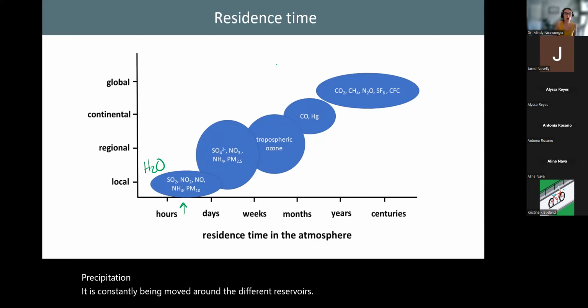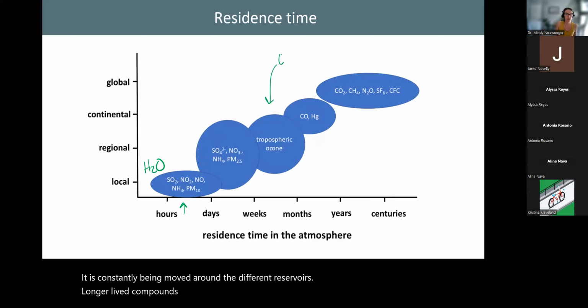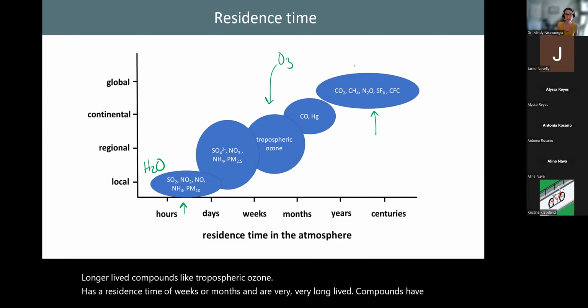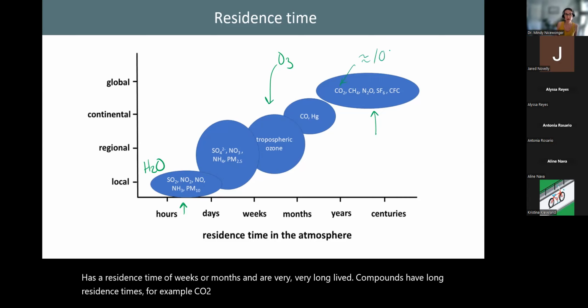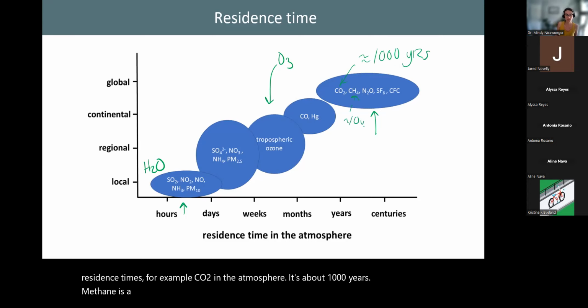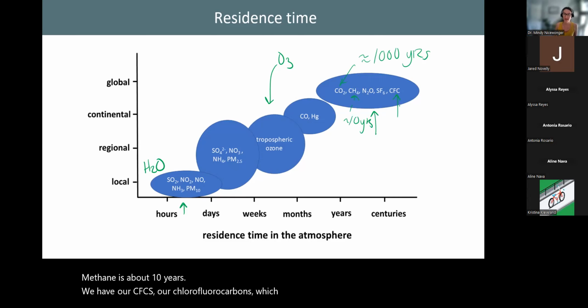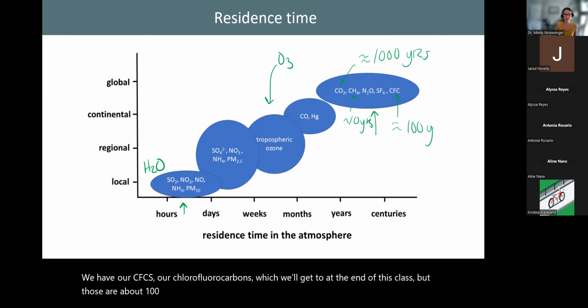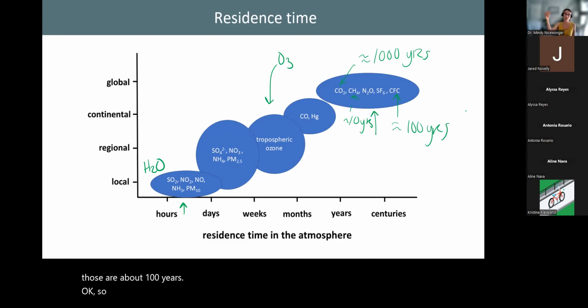Longer lived compounds like tropospheric ozone have a residence time of weeks or months, and our very, very long-lived compounds have long residence times. For example, CO2 in the atmosphere, it's about 1,000 years. Methane is about 10 years. We have our CFCs, our chlorofluorocarbons, which we'll get to at the end of this class, but those are about 100 years. Okay, so different gases, different compounds in our atmosphere have different residence times.